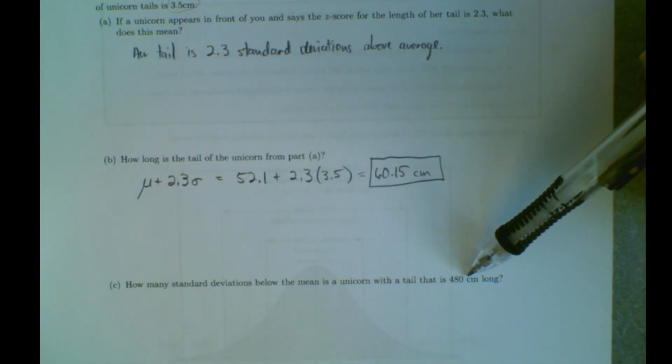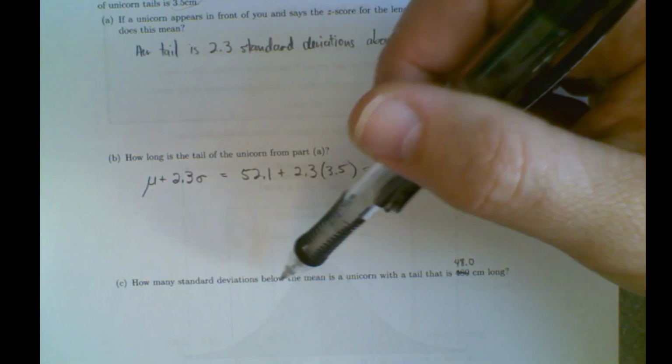So 480 centimeters is not below the mean. That's way above the mean. I think I probably meant to say 48.0. In fact, I'm going to go ahead and make that correction. So in your notes, it'll probably say 48.0. Anyway, how many standard deviations below the mean is a unicorn with a tail that is 48.0 centimeters long?